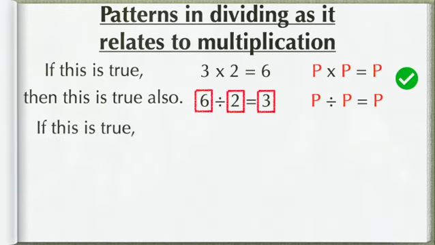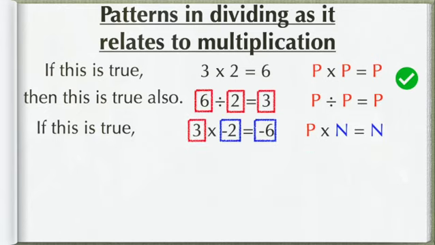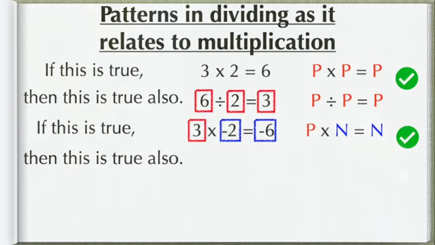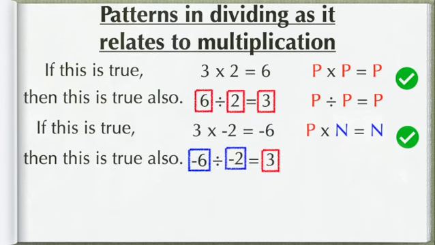Let's take a look at this with negatives. If this is true, 3 times negative 2 is negative 6, and a positive times a negative is a negative, and it is. We did that in a previous episode. If that's true, then this also has to be true: negative 6 divided by negative 2 is 3. Thus, a negative divided by a negative is a positive, because it's just the reverse of 3 times negative 2 is negative 6. Has to be true.